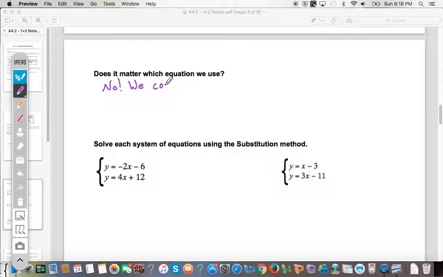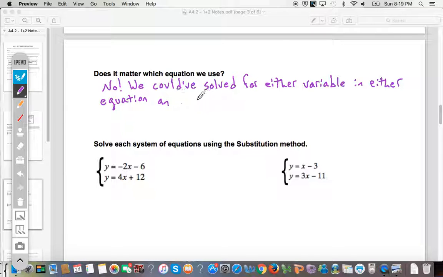And to elaborate on this, we could have solved for either variable in either equation and still get x equals 2, y equals 3.